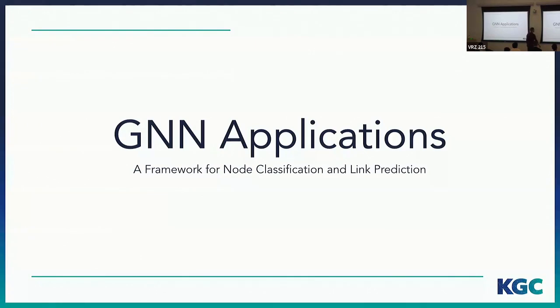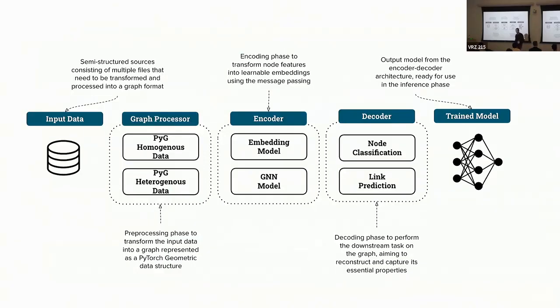So, applications. As we mentioned, there are some standard and traditional applications for graph neural networks, including node classification and link prediction. And this is a typical workflow that we can specify in order to address node classification and link prediction problems.